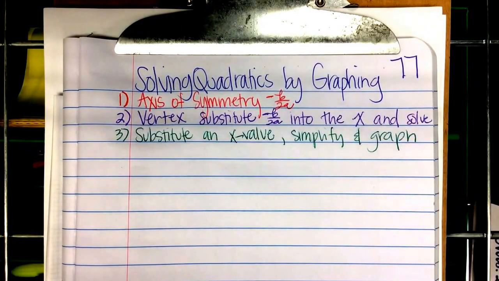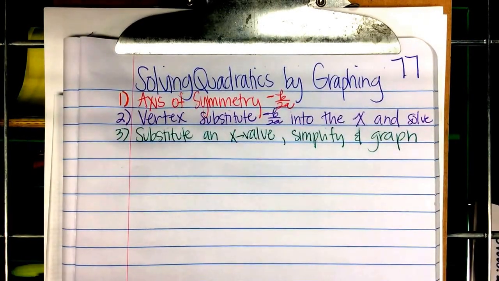Does it matter what x value you substitute? You can use any number. We suggest you only go one number to the left or the right of the axis of symmetry, just because the bigger the numbers, the harder it is to graph.